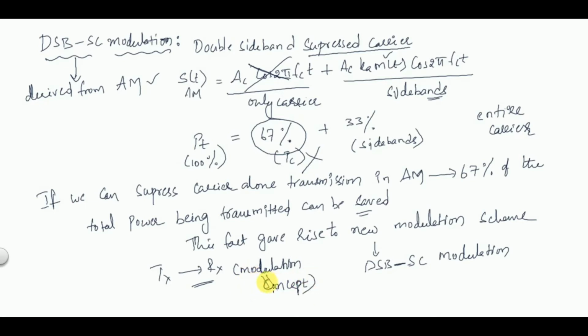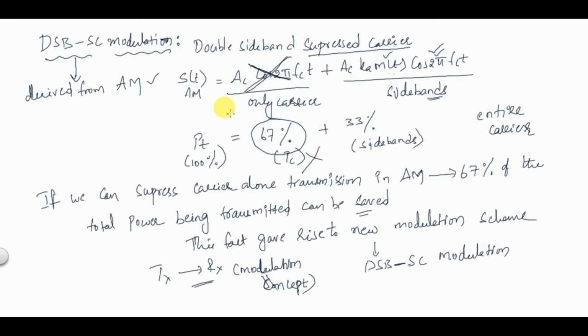That is why in the sidebands there is still the product of the modulating signal, that is the message signal, and the carrier signal. So this is the basis for the formation of double sideband suppressed carrier modulation.